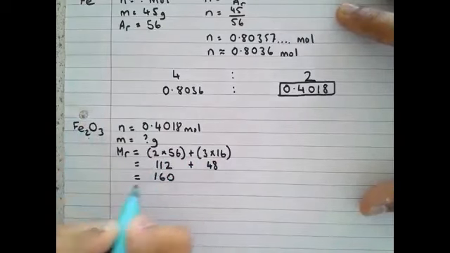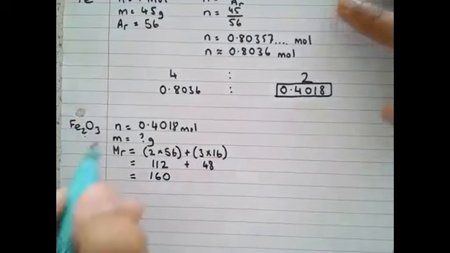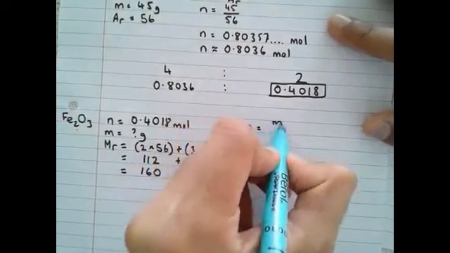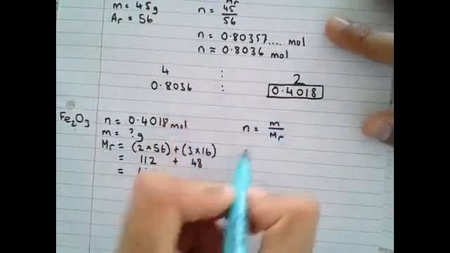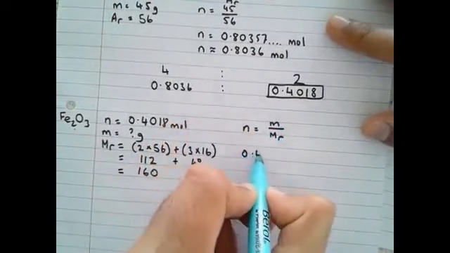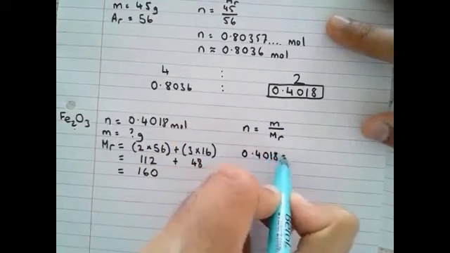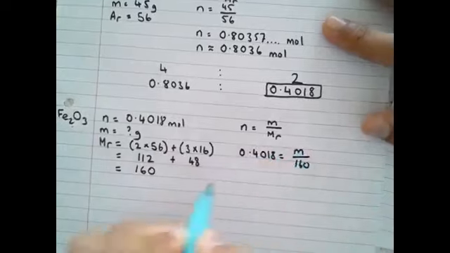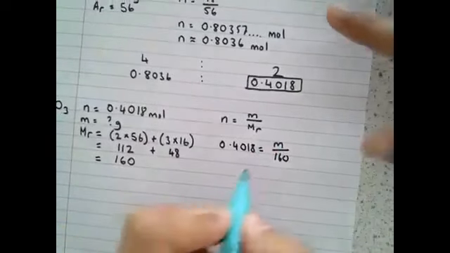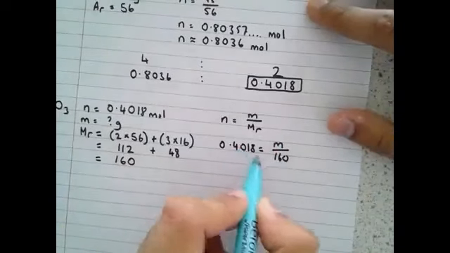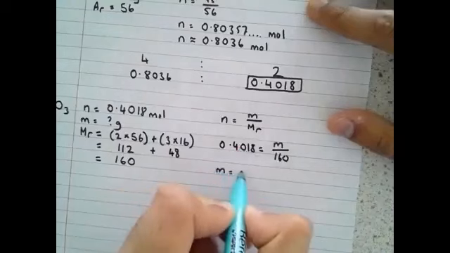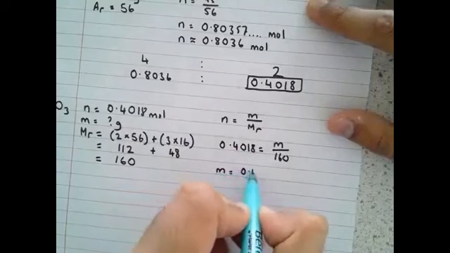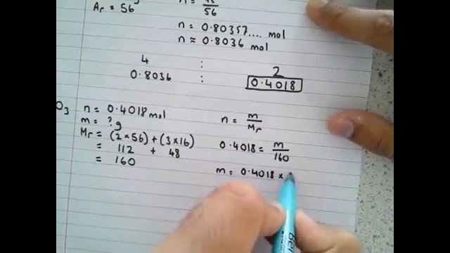Okay? So now we can say that from our formula, 0.4018 will equal m divided by 160. If we rearrange, m will equal 0.4018 times 160, and we get the mass required as 64.2857 grams.